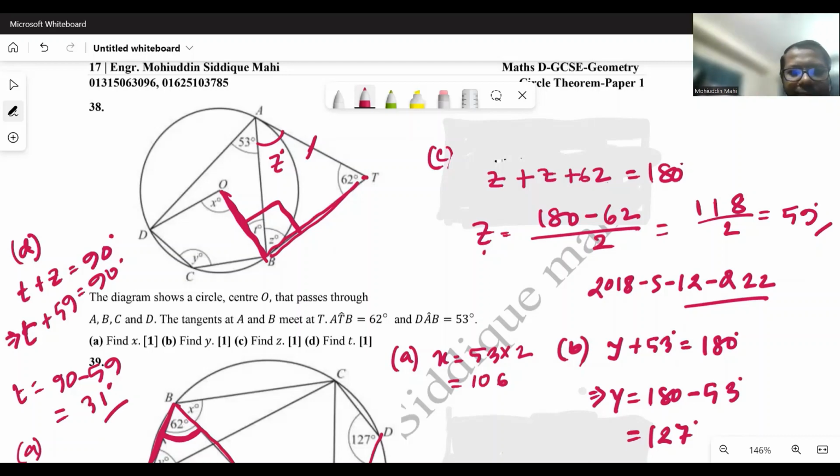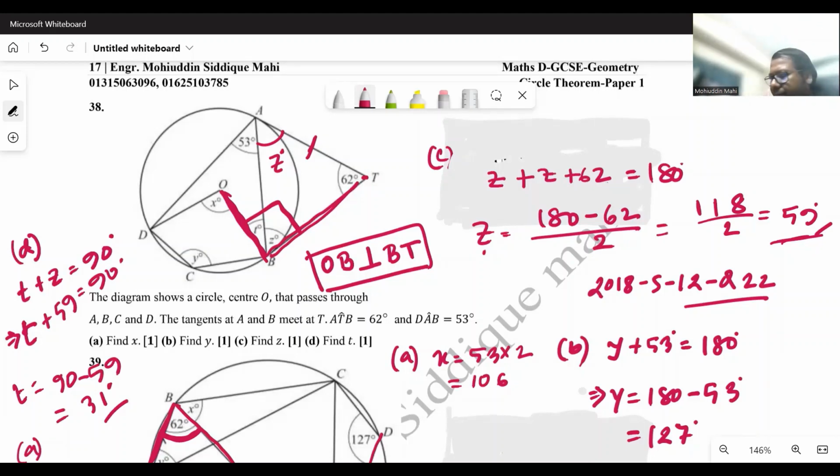Because OB is perpendicular to BT, the sum of T and Z is going to be 90 degrees. And as we know the value of Z as 59 that we found in the previous question, easily you can find the value of T. Okay, fine. Let's move on to the next question.